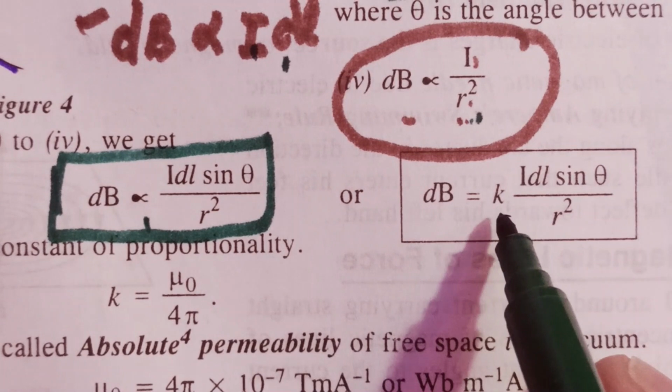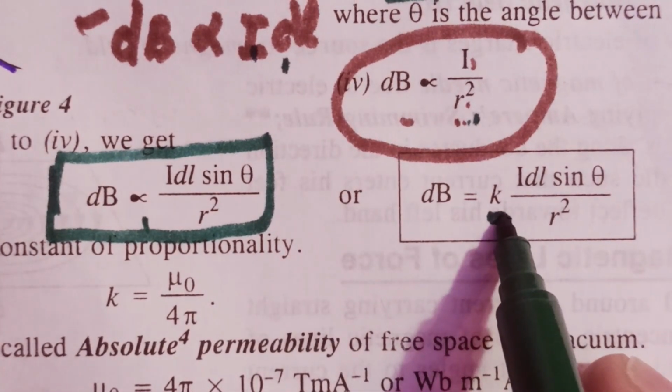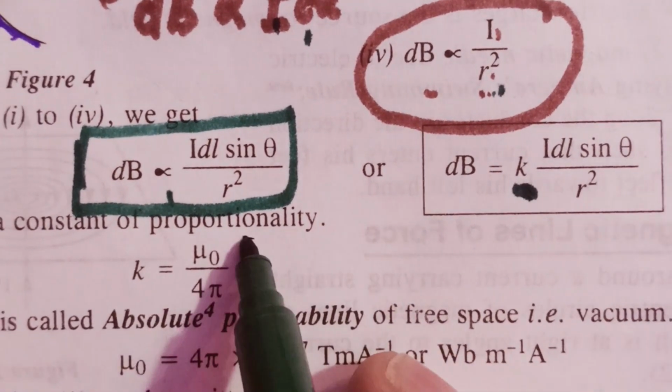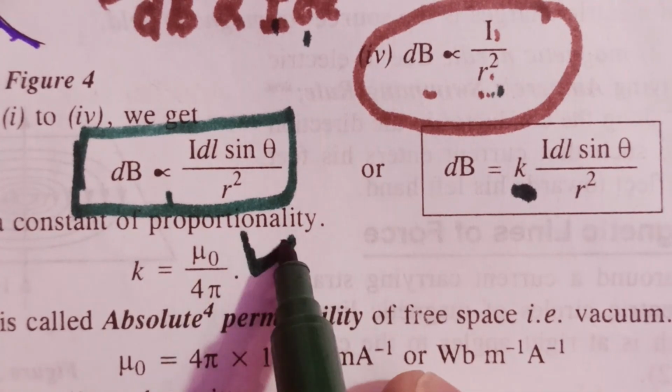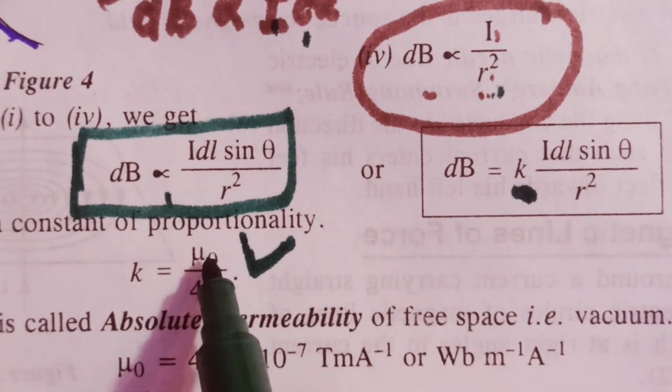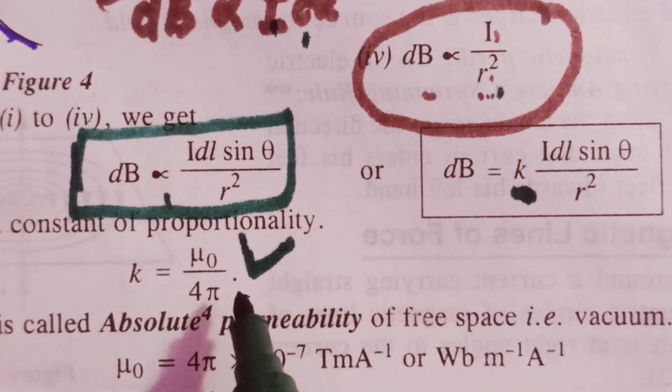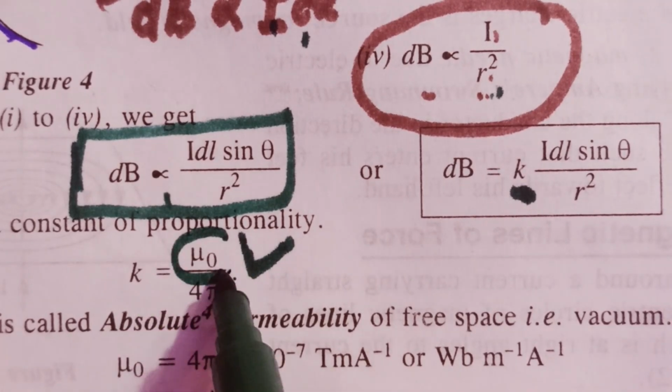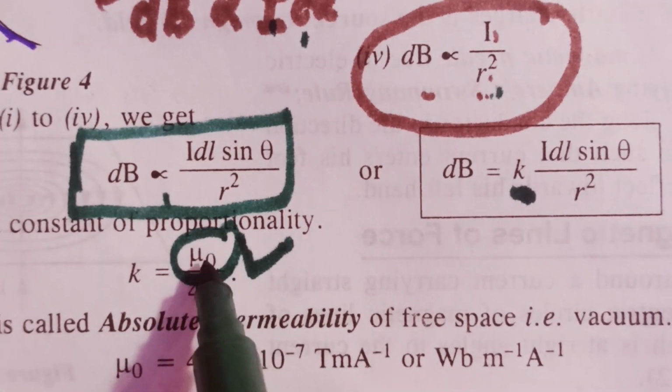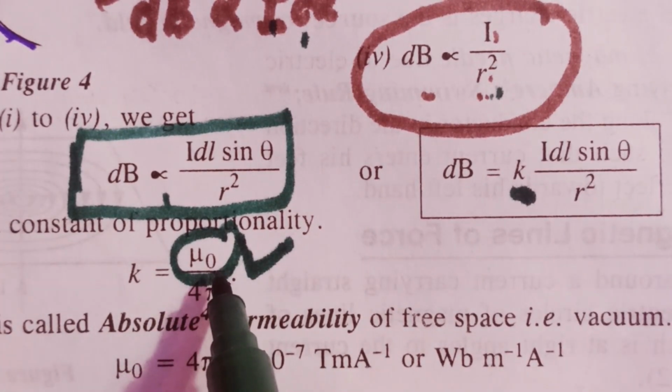Replacing the proportional sign by a constant, the value of the constant is mu naught upon 4 pi. Why mu naught? This is very, very important, because mu naught is a parameter which changes with the space in which your current element is.